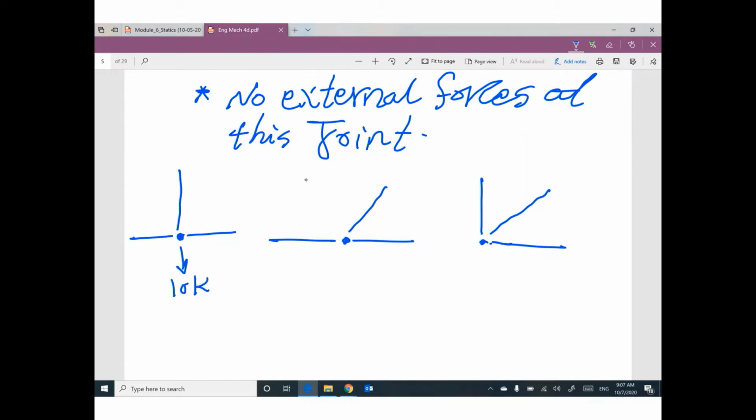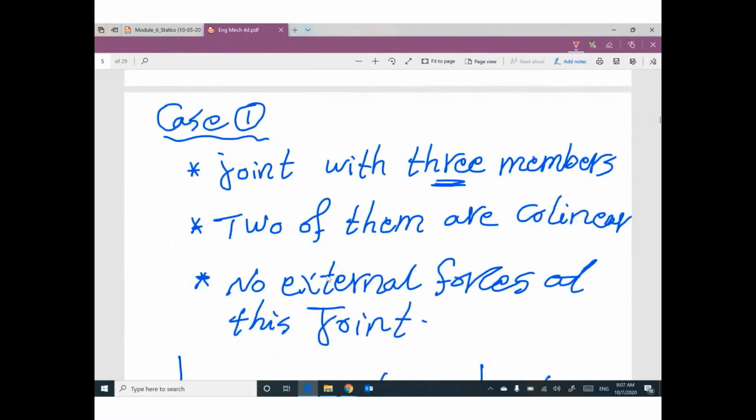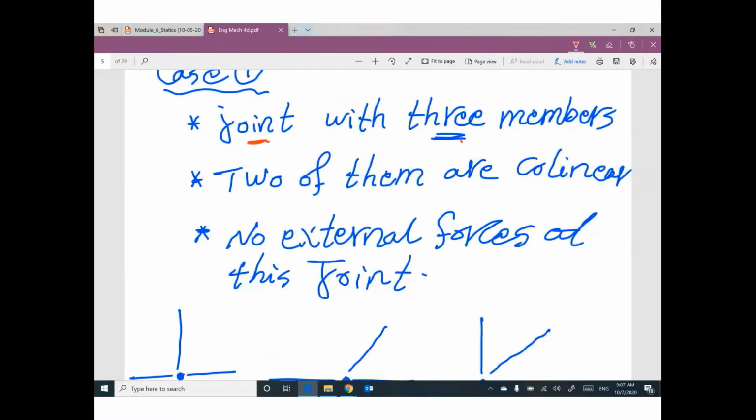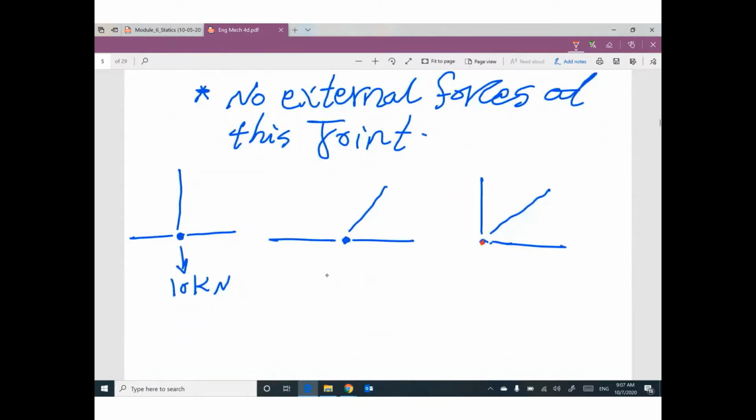Which one of them is matching with this case? We have a joint with 3 members. This member, 1, 2, 3. This one has a force, 10 kilonewton, so it's different.